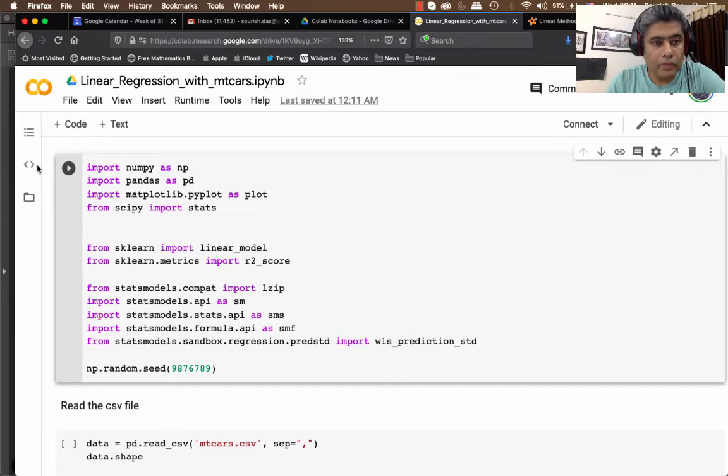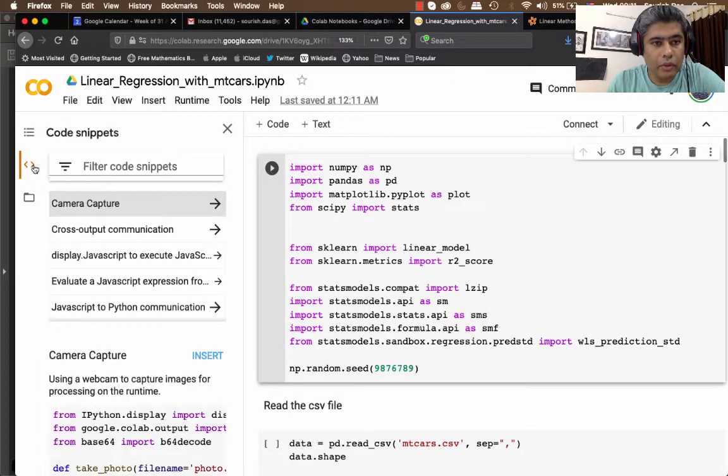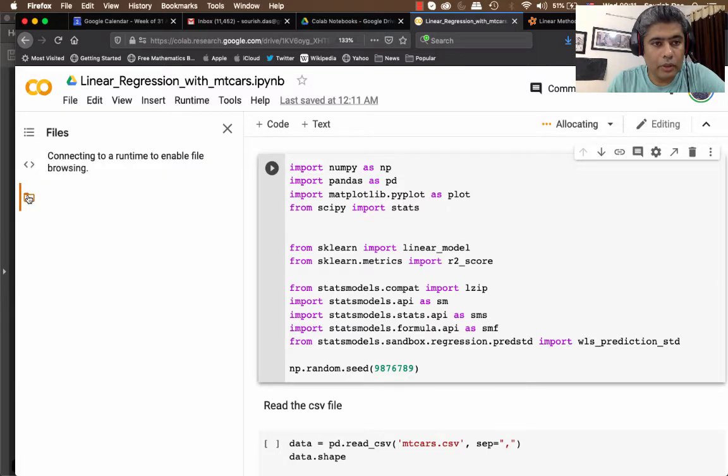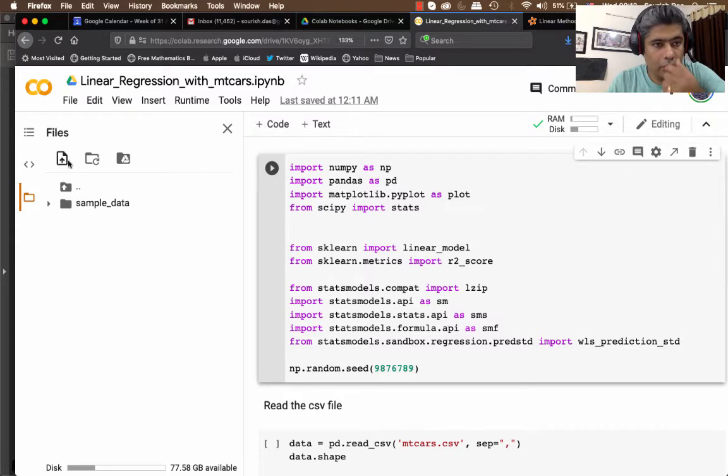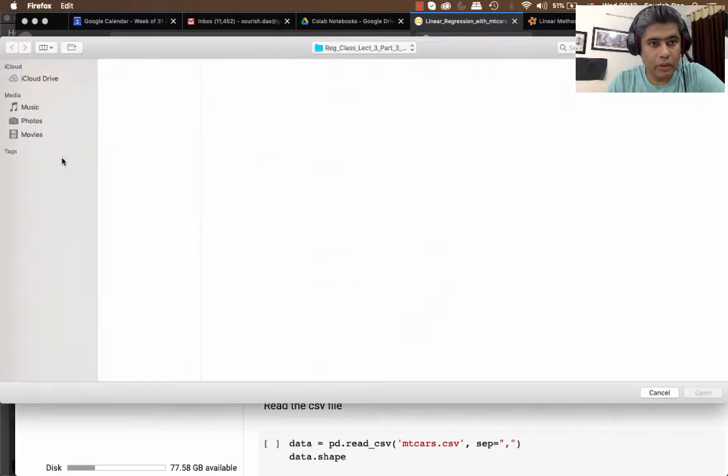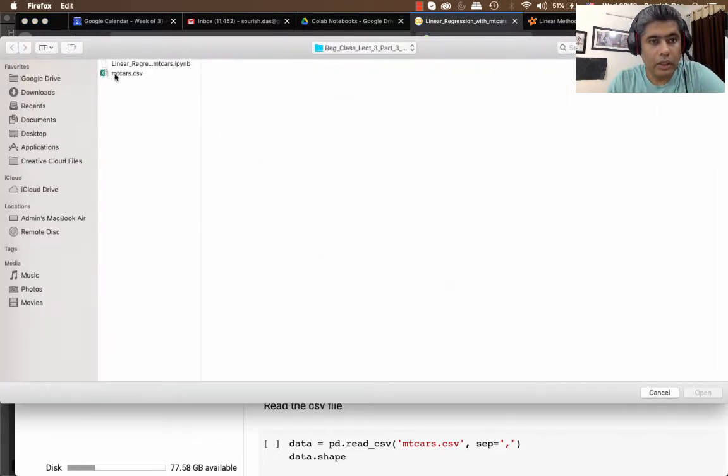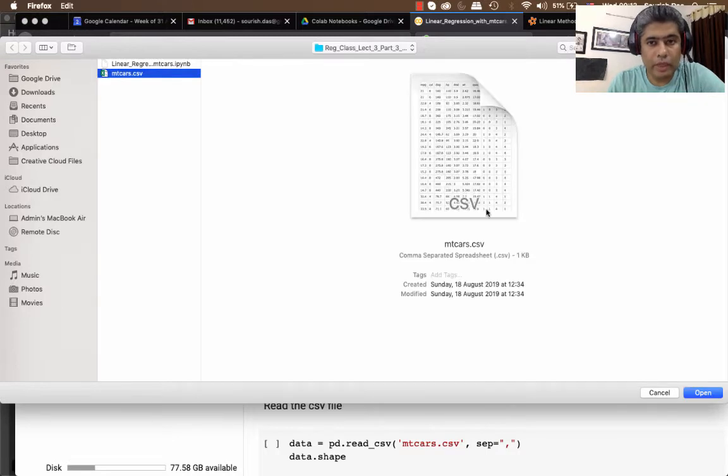First thing you have to do is upload the data from the local machine, and you have to upload this mtcars.csv dataset.